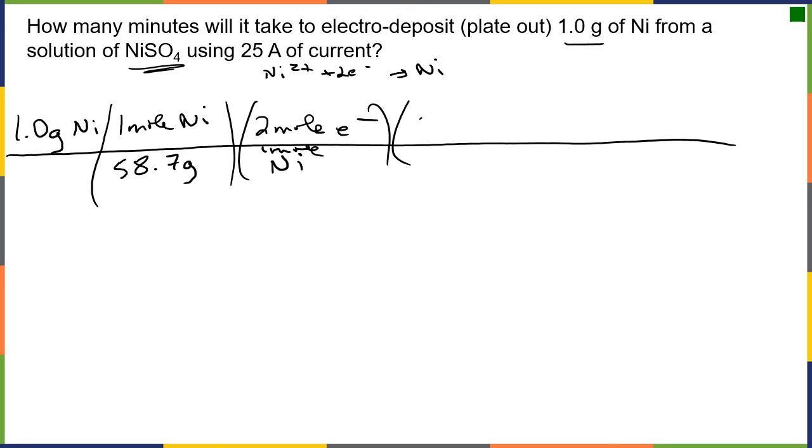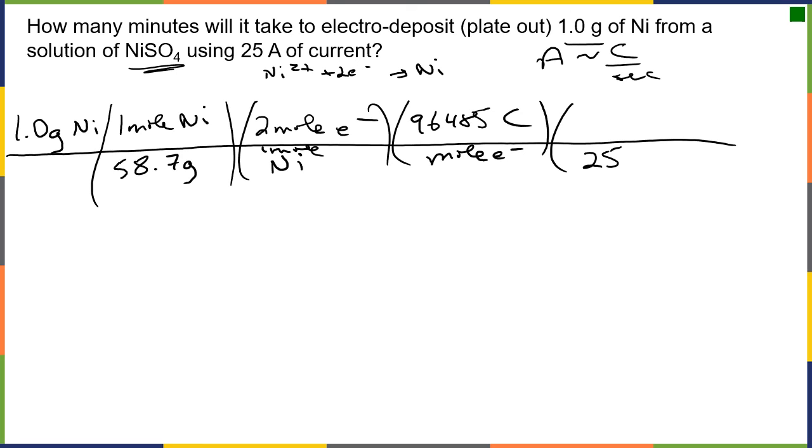Now we know that Faraday's constant is 96,485 coulombs per mole of electrons. And we're just going to keep going like this. We know that an amp is a coulomb per second. So we need coulombs on the bottom. We have 25 amps, so it's 25 coulombs per second. That's going to give us seconds.